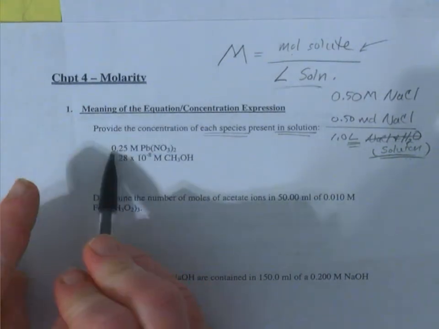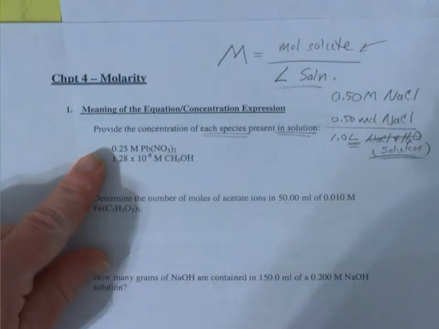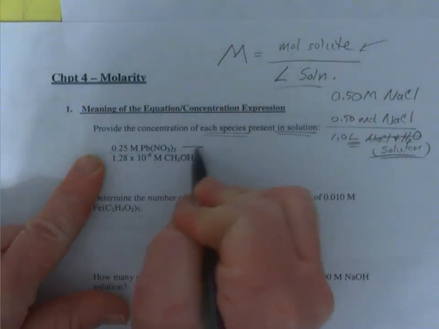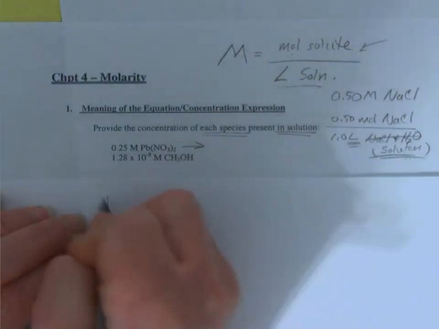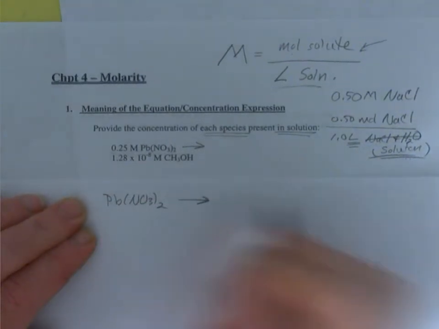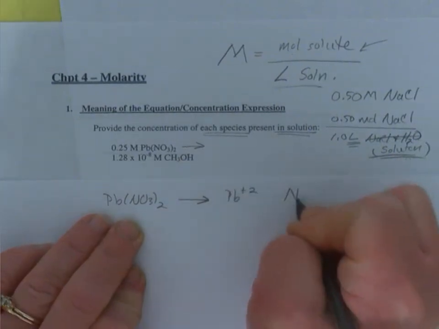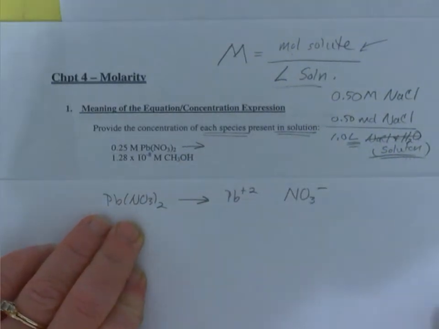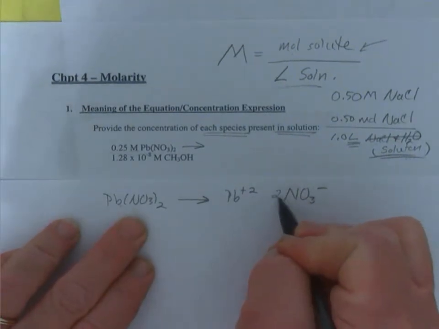And if you're told it's a solution, then we know it's soluble. So this Pb(NO3)2 being ionic, we know it will dissociate to cation and anion, and there's 1 lead 2 for every 2 nitrates.